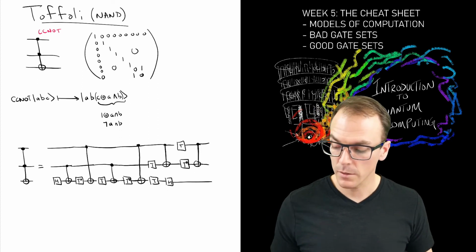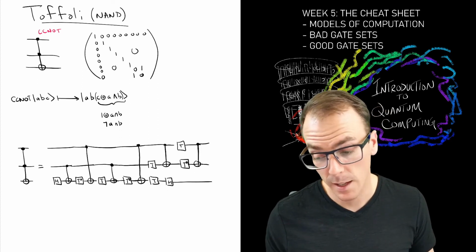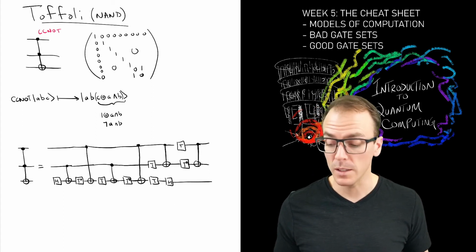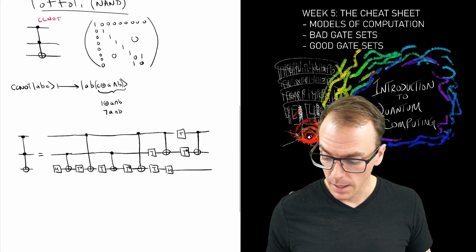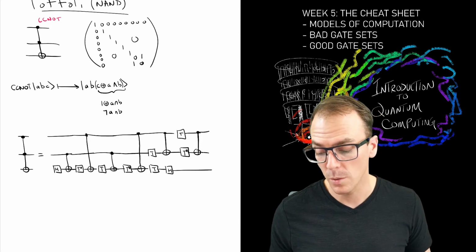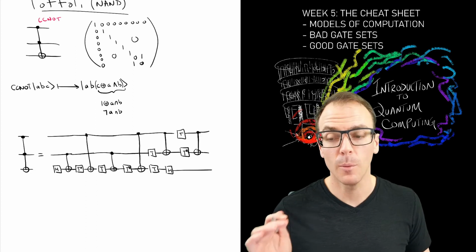So the thing on the left is this Toffoli gate, this classical NAND gate, which you might think is a seemingly simple gate. And the thing on the right is its decomposition in the 1 and 2 qubit gates from the gate set that we had above.